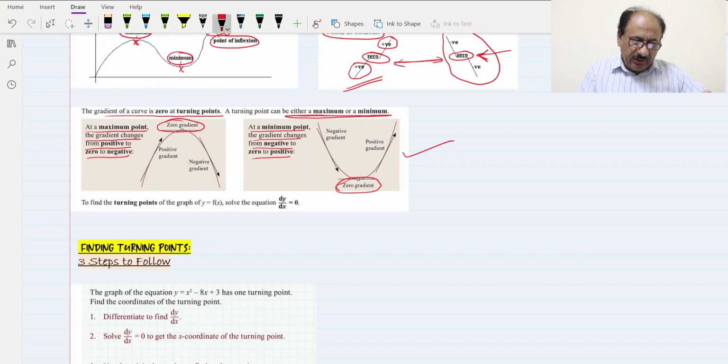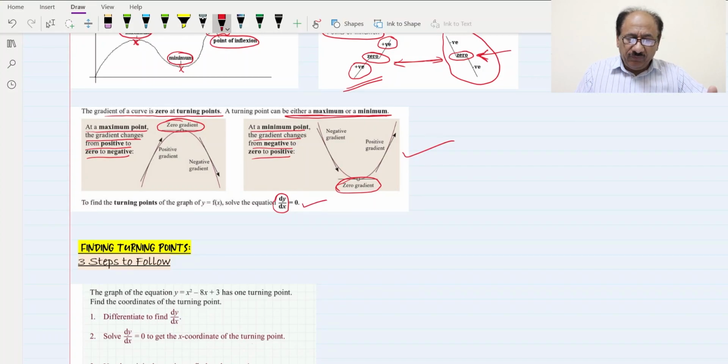Then, to find the turning points of a graph, what will be our strategy, how will we deal with questions in the exam? If they give a question with a function and ask to find the coordinates of the maximum point or the minimum point, what we will do is find the gradient dy over dx and then put that gradient equal to 0.